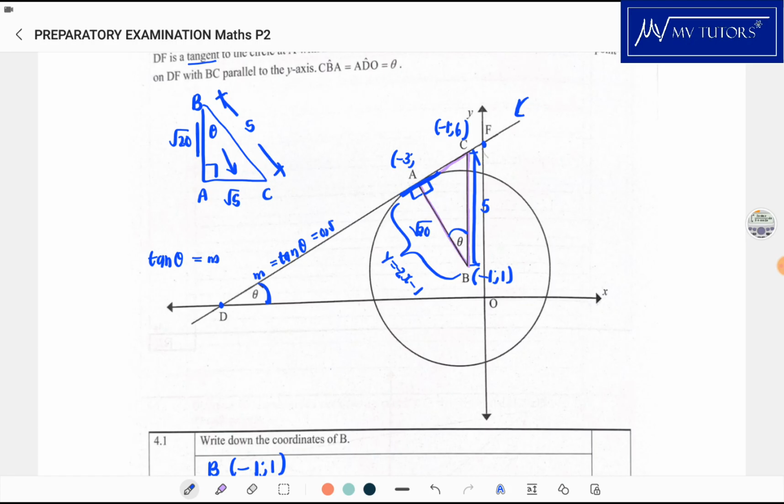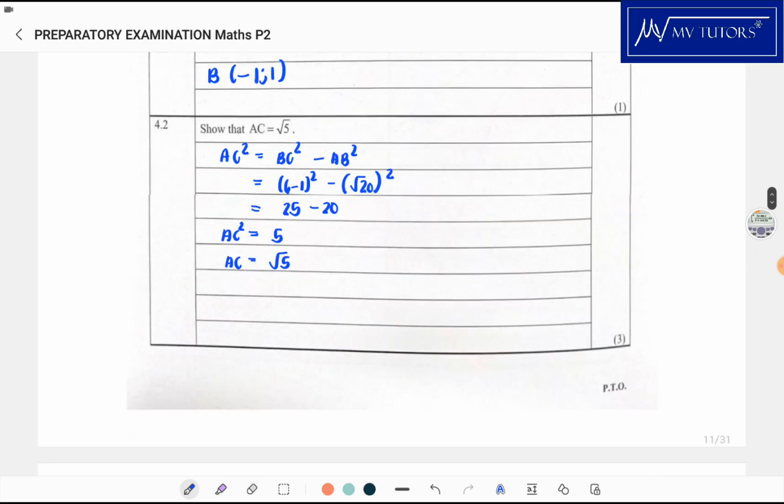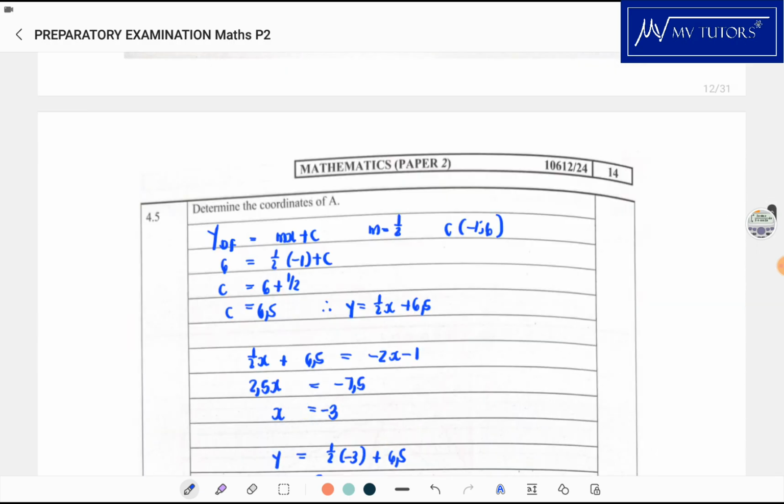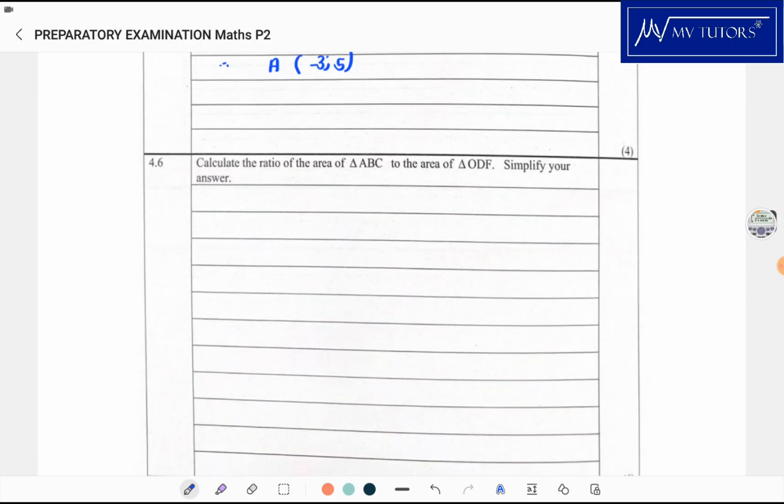What other area are we looking at? They talked about, let me just calculate the area of triangle ABC. Okay, so area of triangle ABC, if we just sketch it out for ourselves again.